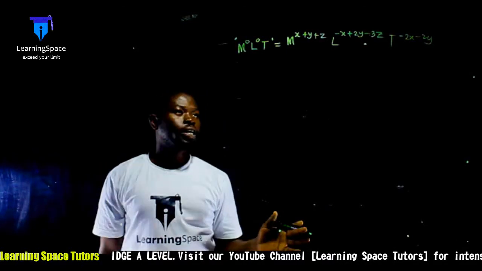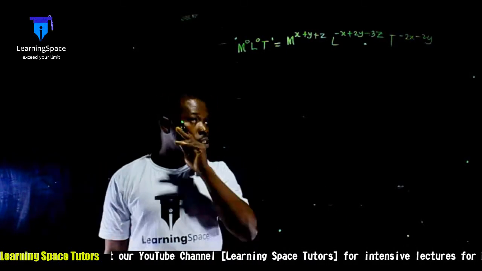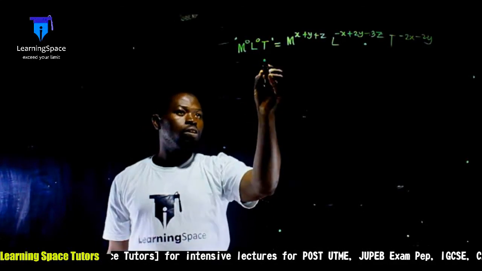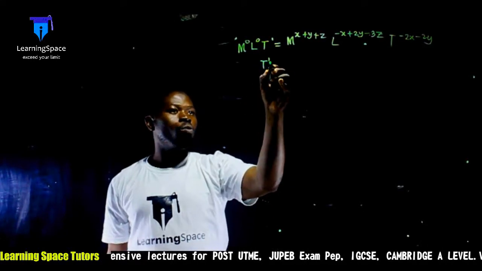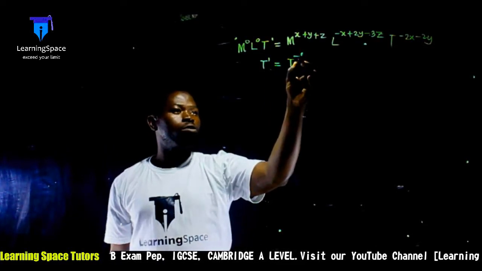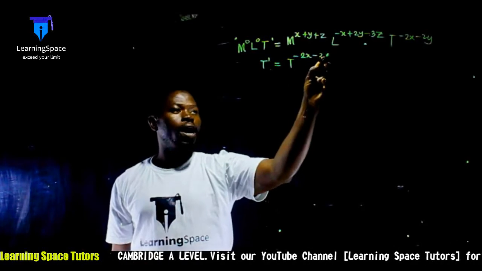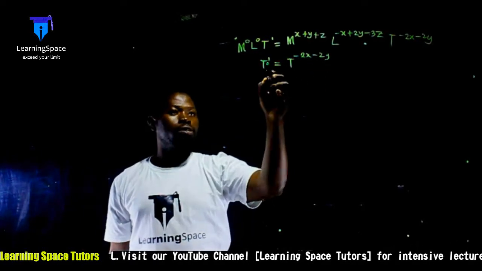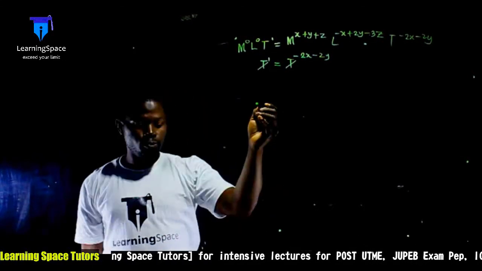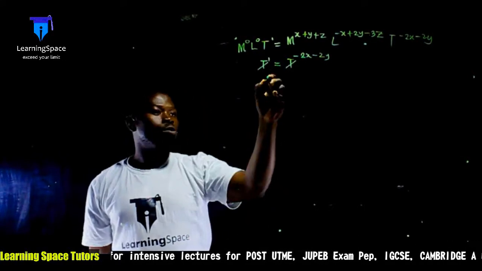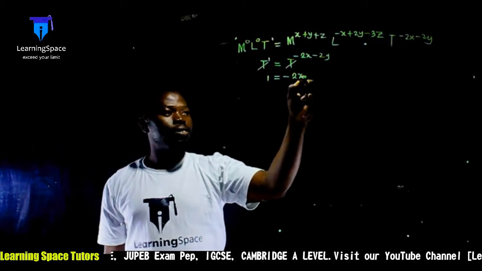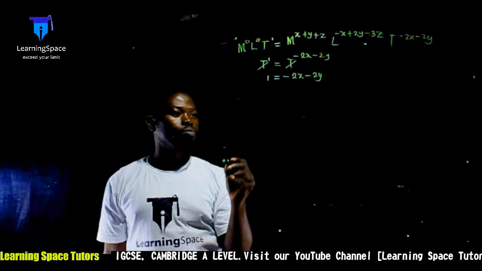Now we can equate the powers. Let's start with T: we have T^1 equal to T^(-2x-2y). Now we can cancel the base and equate the power. So what do we have? We have 1 is equal to -2x - 2y.